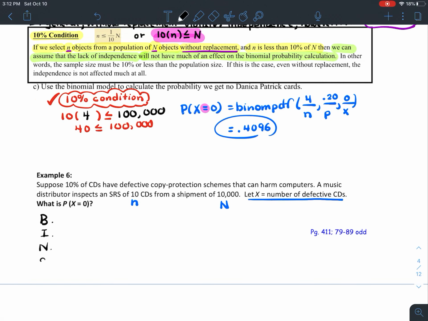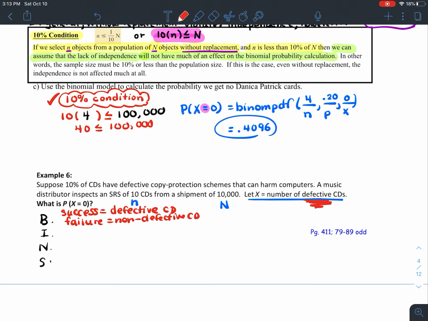Once again, I'm going to run through and confirm that this is in fact a binomial setting. A success in this case, remember, success doesn't necessarily mean good. We're letting X be the number of defective CDs, so a success is actually a defective CD, and a failure would be a non-defective CD.